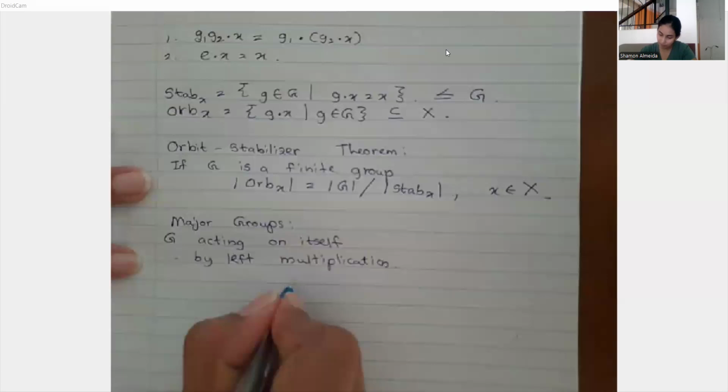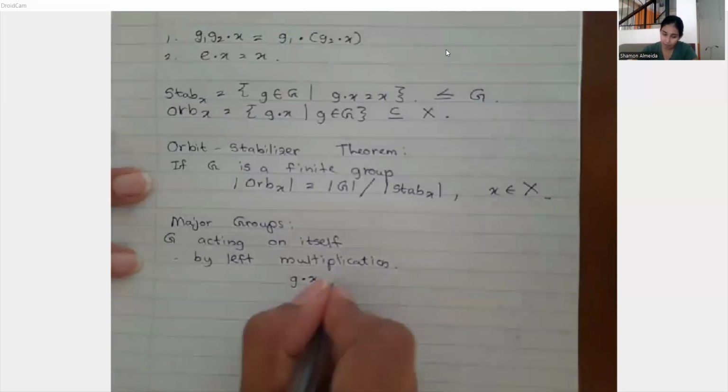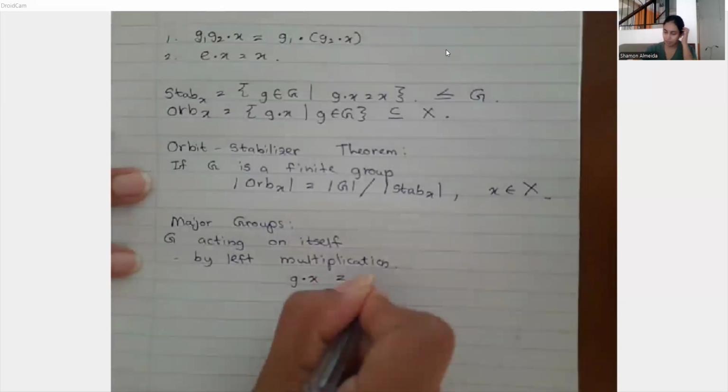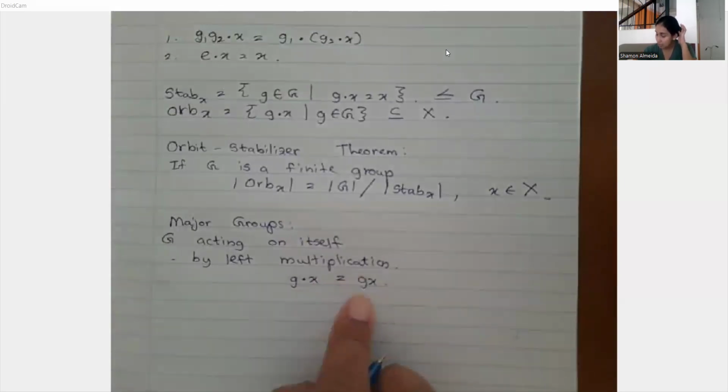If I simply write G dot X, where G and X now both come from the group G, it is simply given by Gx, left multiplication. So when you say Gx, this product, what you see is the binary operation over the group applied to these two elements in the group.